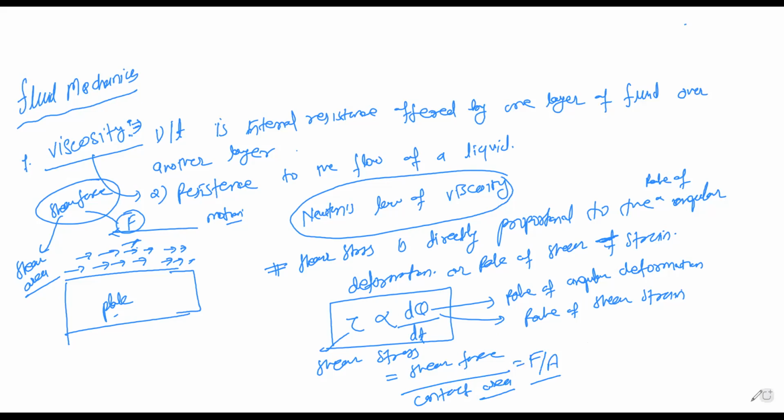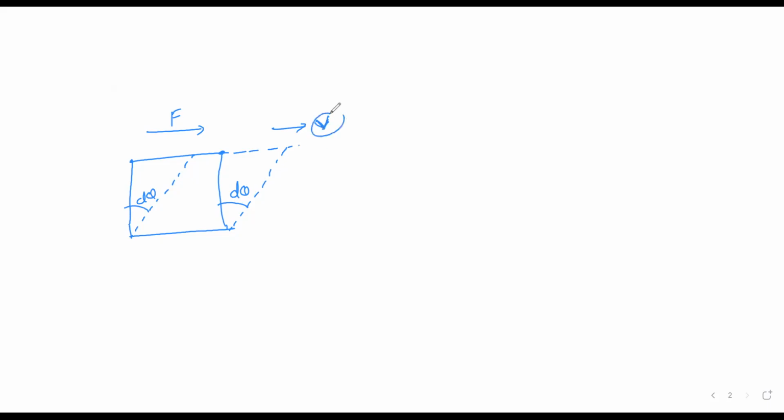So here we'll assume a flat plate, let's say this is the surface, and we are going to apply a shear force. If you apply the shear force, this end will shift through some angle. Similarly, this end will also shift through the same angle. Let this angle be d theta. This deformation of the flat plate, I'm assuming this theta is due to the velocity.